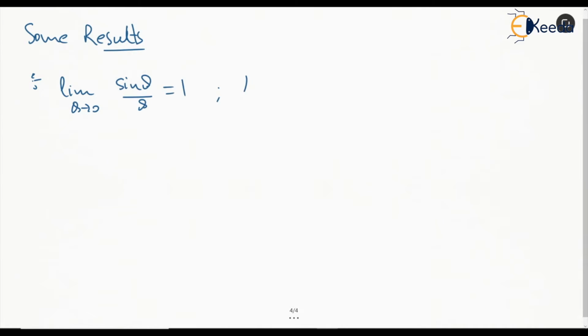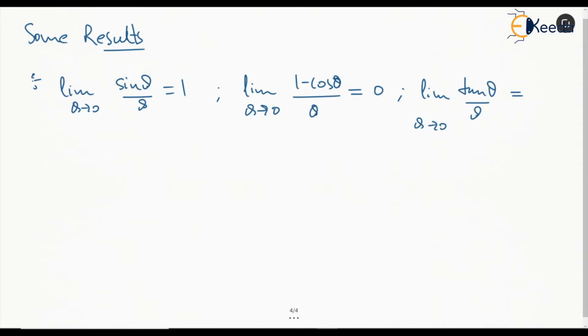Also limit theta tends to 0 for 1 minus cos theta, by theta, is 0. Also limit tan theta by theta for theta tends to 0 is also 1.